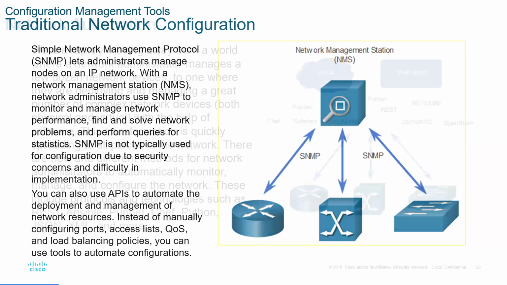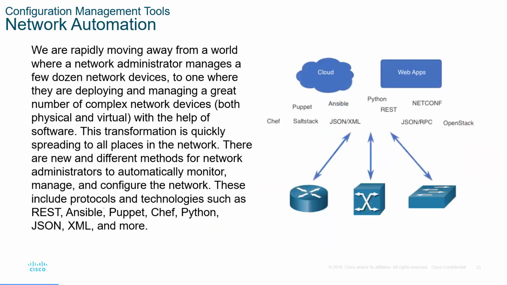With the use of APIs and all the data formats that are running, we have what we call network automation, which is a solution to all the problems of our traditional methods of managing networks. Network automation definition, we have already discussed that.